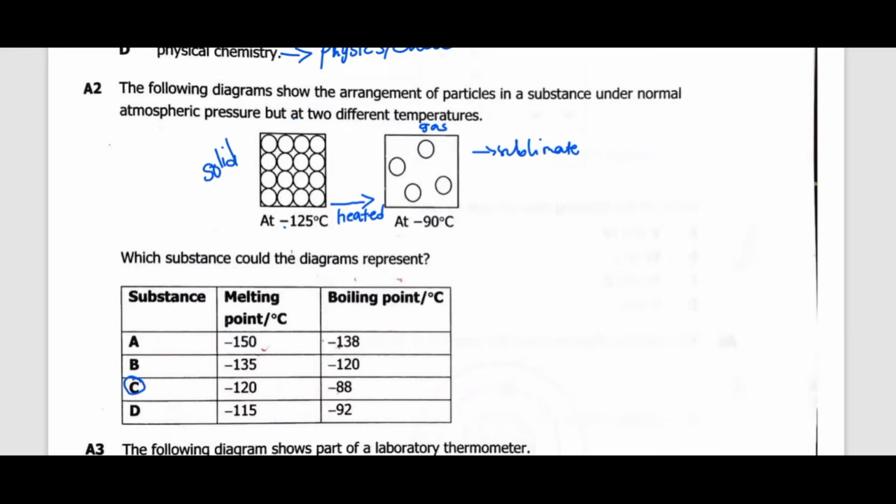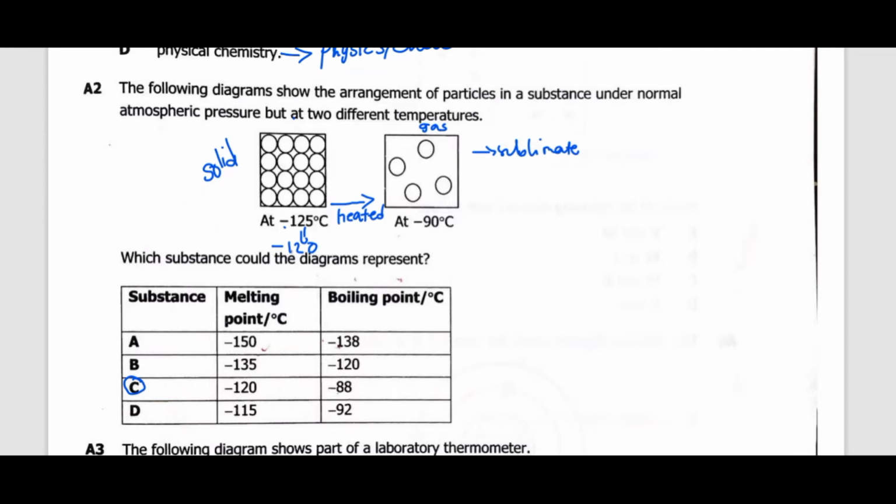Why? Because for this one to melt, a certain heat must be added. And if we add heat to this negative 125, we are expecting this number to move up to negative 120, because negative 120 is greater than negative 125. So for melting, we are adding heat here.